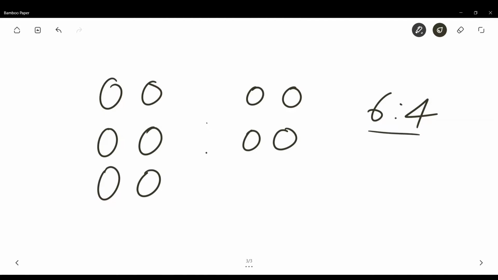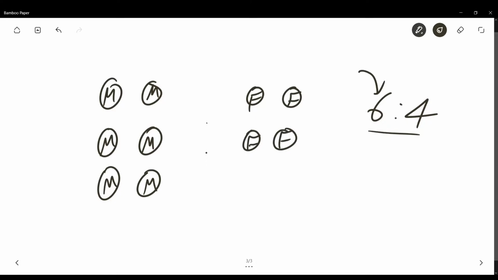Because this means for every 6 of these people, let's call them M's, we're going to have 4 F's. Would be useful if my computer pen actually worked. So these were our M's, these were our F's. So for every 6 M's, there are 4 F's.